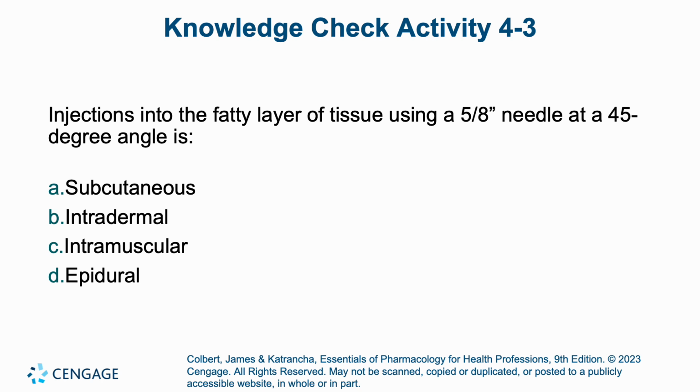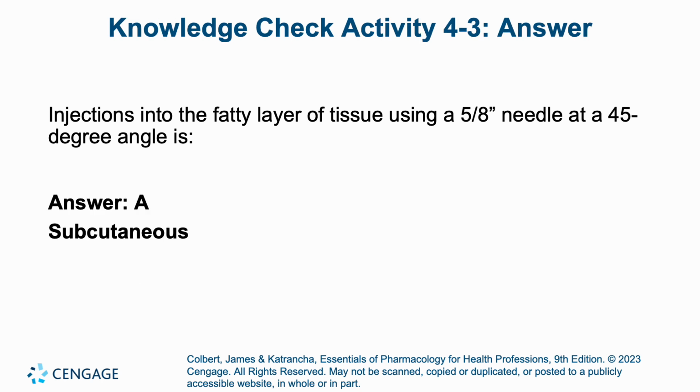Knowledge check. Injections into the fatty layer of tissue using a 5/8 needle at a 45-degree angle is A, subcutaneous, B, intradermal, C, intramuscular, and D, epidural. Your answer is A, subcutaneous.